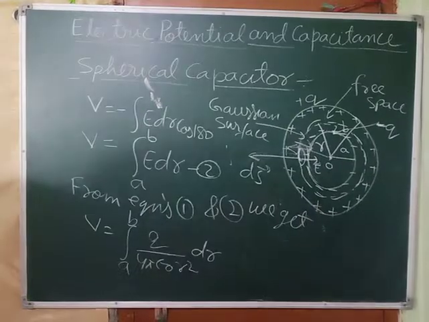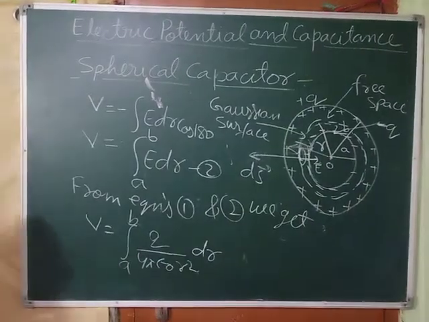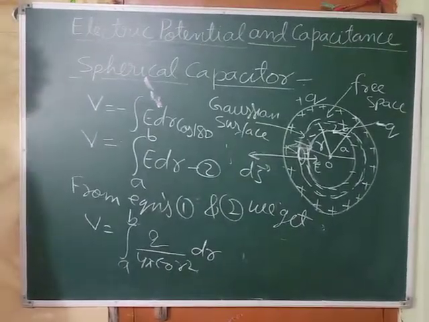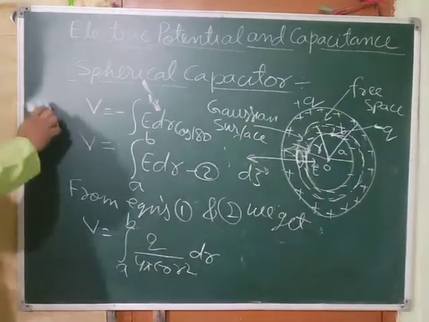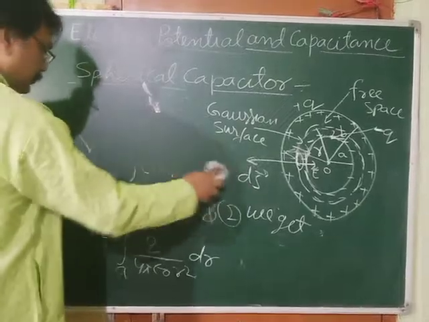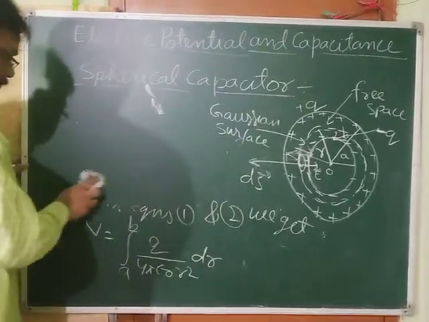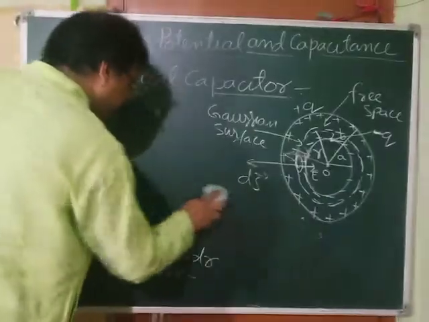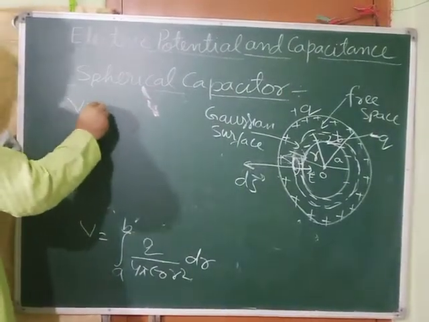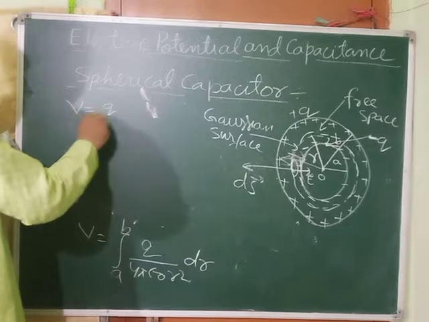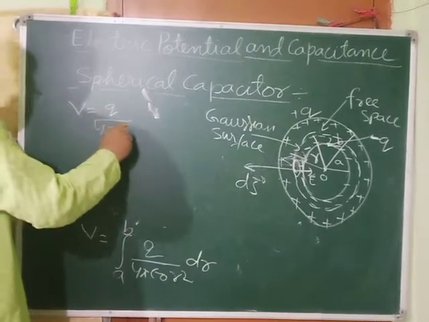Okay. Now what we have to do? Again I have to rub this upper part. We have written. Only I will leave the last term. Now see, in this what we can do. V is equals to, Q we can take out, 4 pi epsilon naught we can take out.